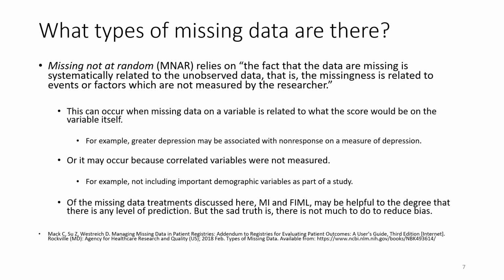Another way in which missing not at random can occur is when the variables that might correlate with the variable that has missing data, which would allow you to make the assumption of MAR, missing at random, because you could predict the missing values, are not measured.